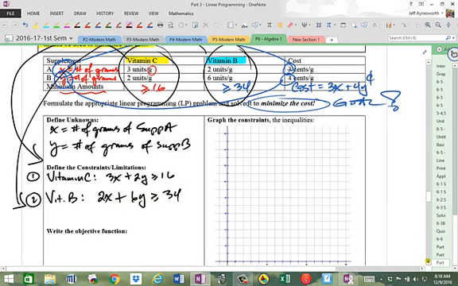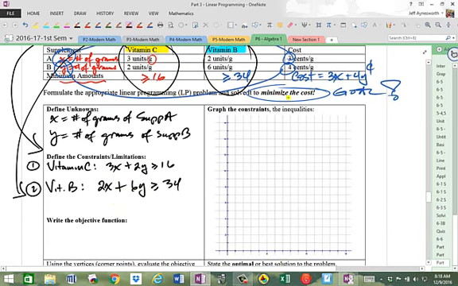Now, our objective is to minimize the cost. So let's write our cost function down here. We want to minimize cost. Our cost function, C, looks like 3 cents times x plus 4 cents times y, so 3x plus 4y, and that's in cents, not dollars. The question is, what are the corner points in this linear programming problem?